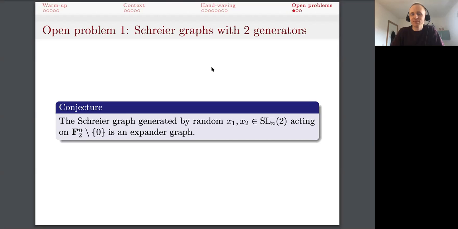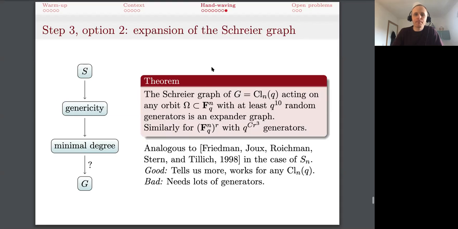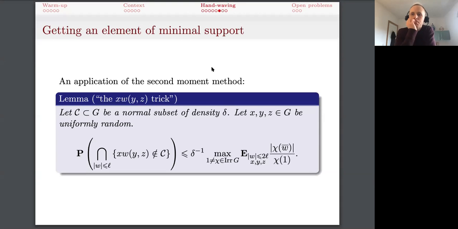And another question. You had this XW trick. Can you use it for the symmetric group and get something better? Yes, with the caveat that you need 3 random generators. We wrote this in our paper too as an appendix.